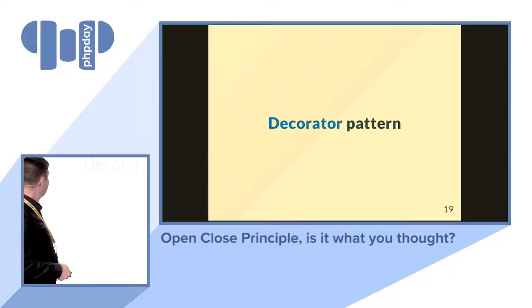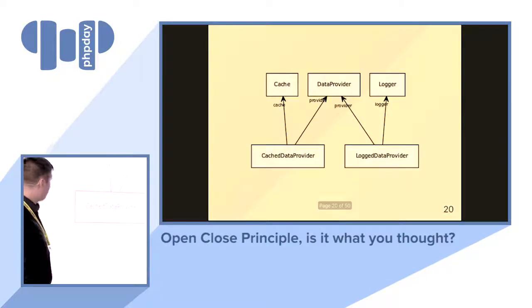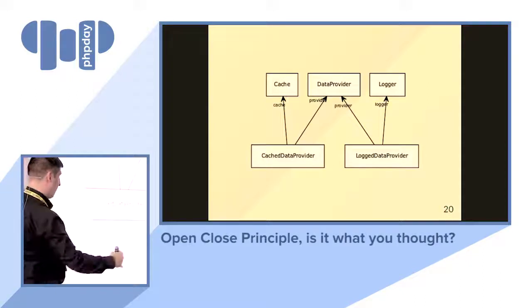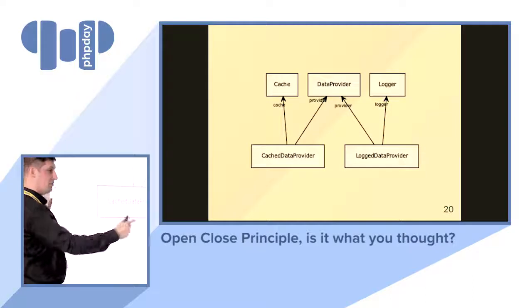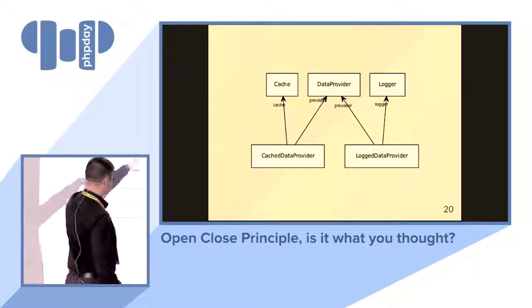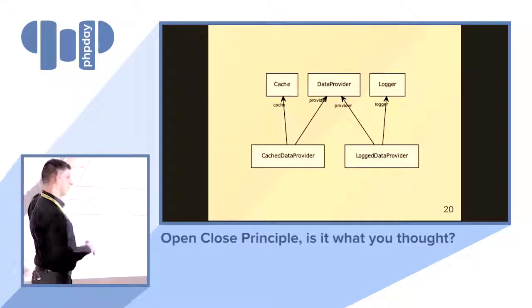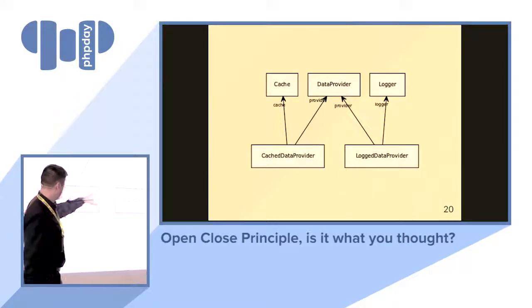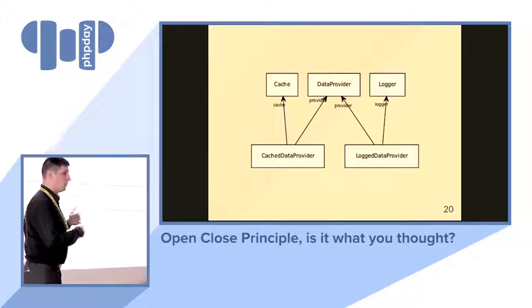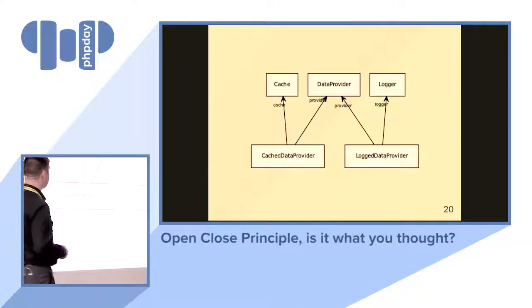So instead of the inheritance we had before, we just split components, but still our data provider, the base class we had. Now we've got a cache data provider and a log data provider, which are using the same interface.